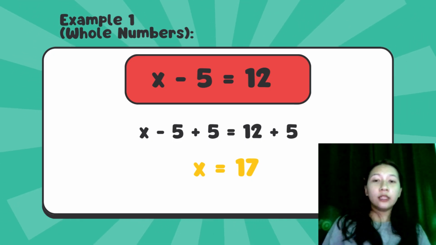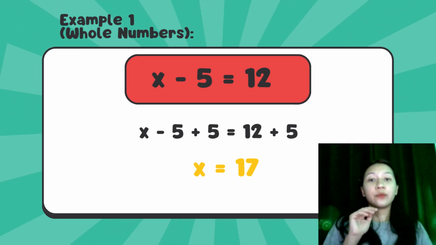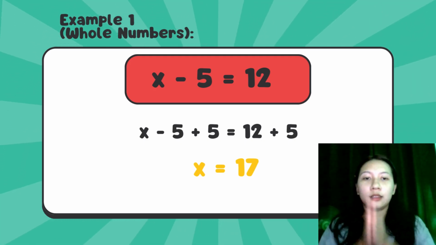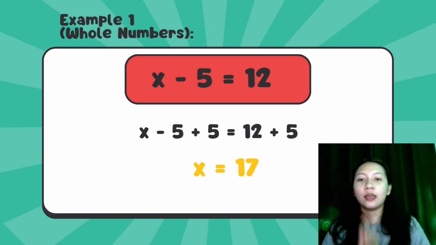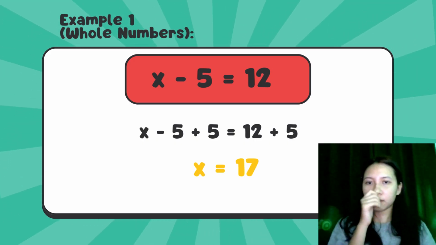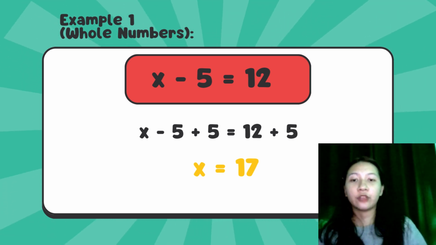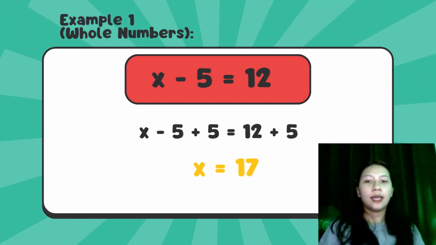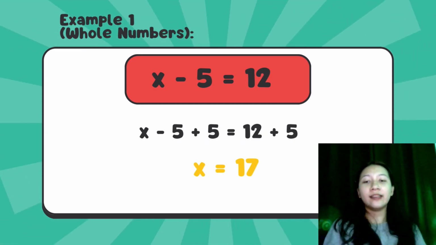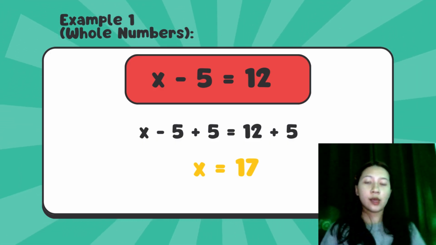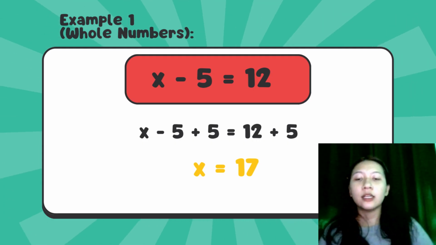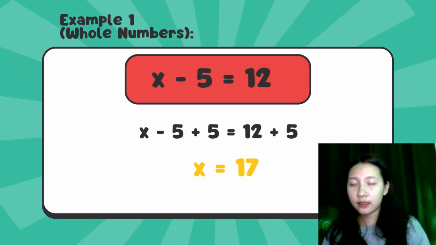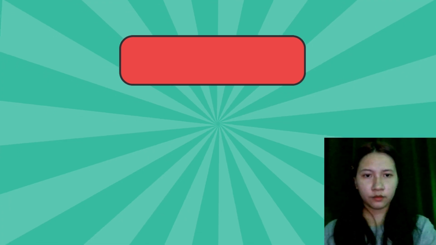Now we cancel the 5s, and we have the remaining 12 plus 5, which equals 17. So our variable x is 17.